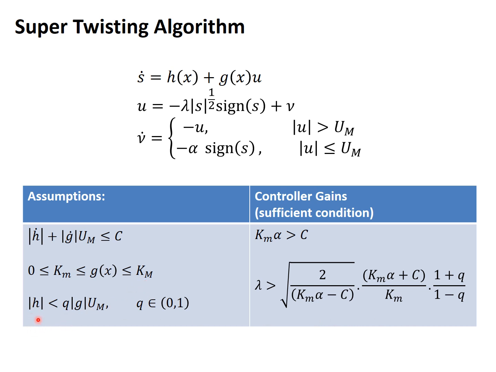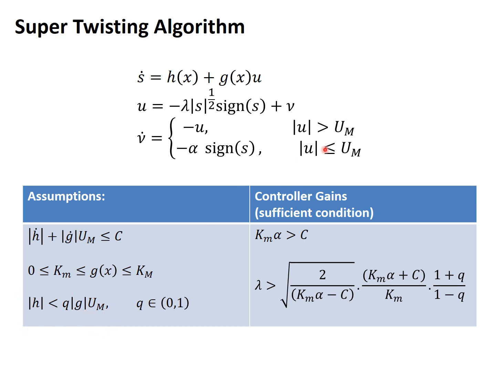Next is this condition. This is a very important assumption. Which is this assumption? That H, the bound of this, is much less than the bound of G multiplied by U_M. U_M is something that we can fix, so that we get this condition.